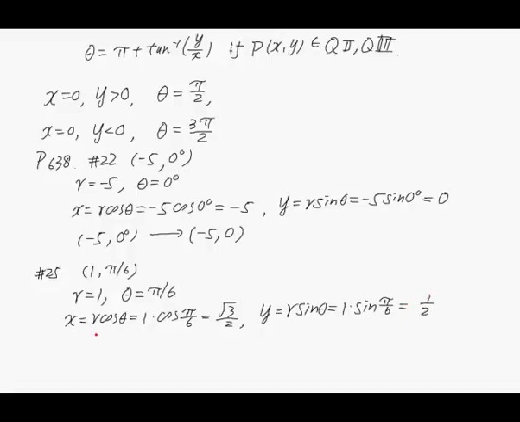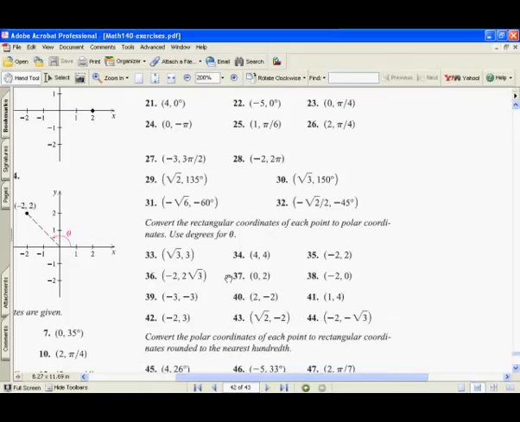And then you get the rectangular coordinates of this point. So we finish this conversion from 1 and pi over 6 to square root of 3 over 2 and 1/2.